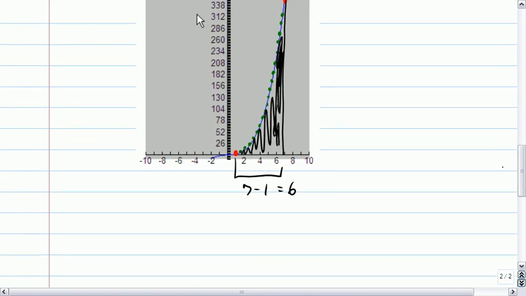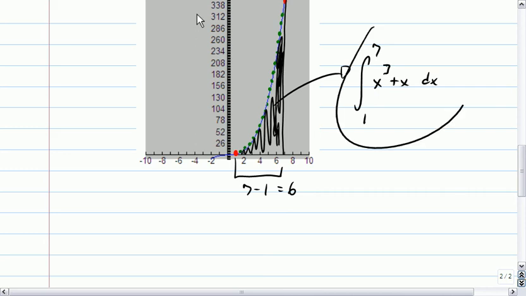We know that an integral can calculate it. So I'm just going to go back to Wolfram, and I'm going to find that area, and we'll bring that answer back and divide it by 6, and we'll have our average value. So that shaded area, symbolically, that's the integral from 1 to 7 of x cubed plus x dx. So I'm going to take that to Wolfram.